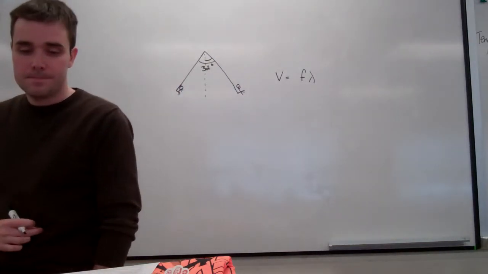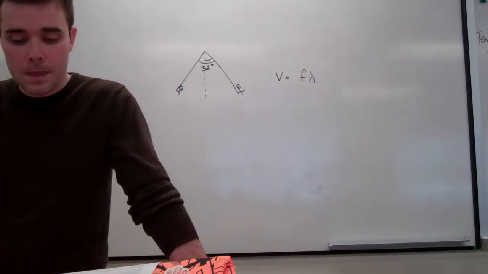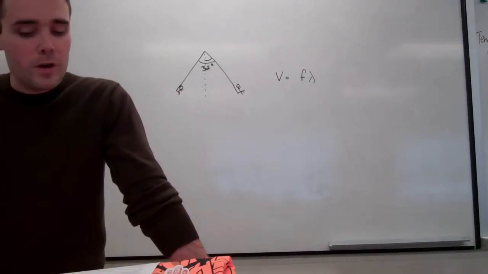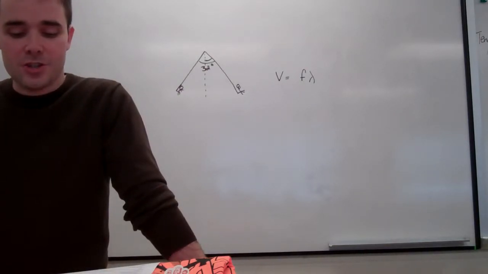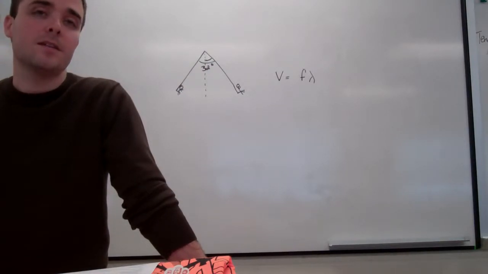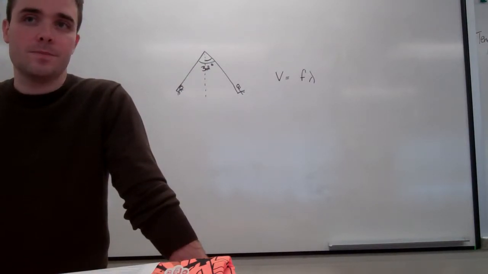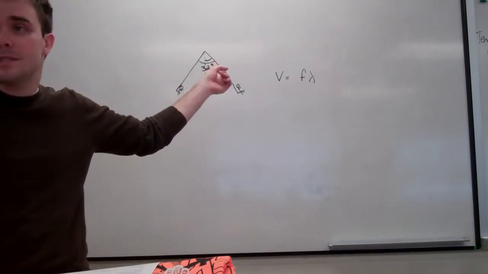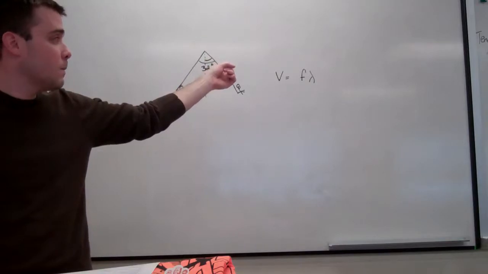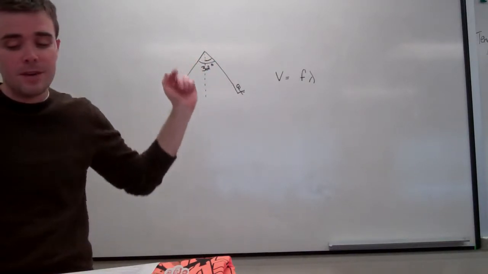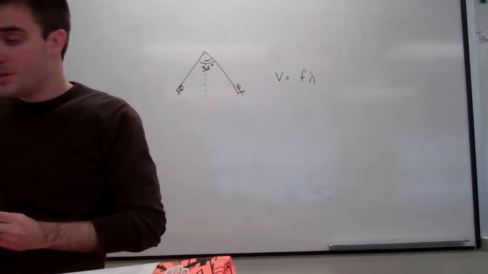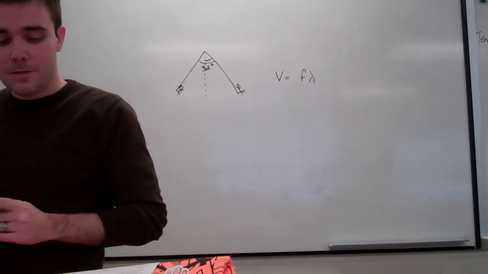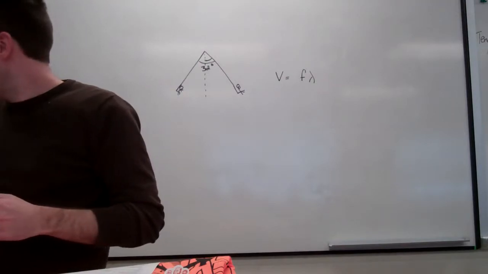Does that make sense? So that's the equation we used before. So if the frequency is staying the same, what has to change for the wavelength to change? The frequency's staying the same, so for lambda, the wavelength, to change, the velocity of the wave has to change. Which of those things are going to change the wavelength? C. Yeah.